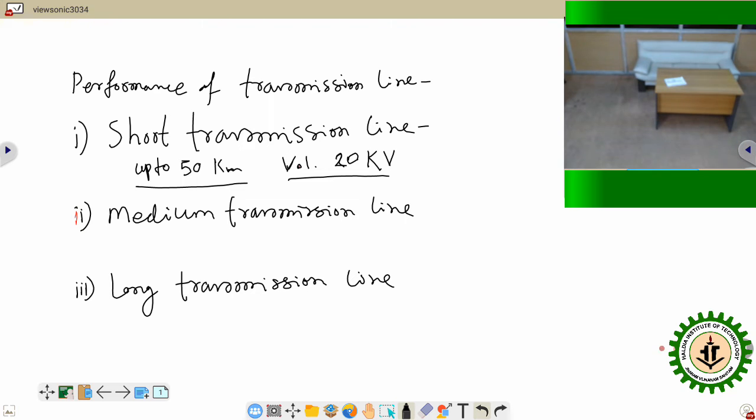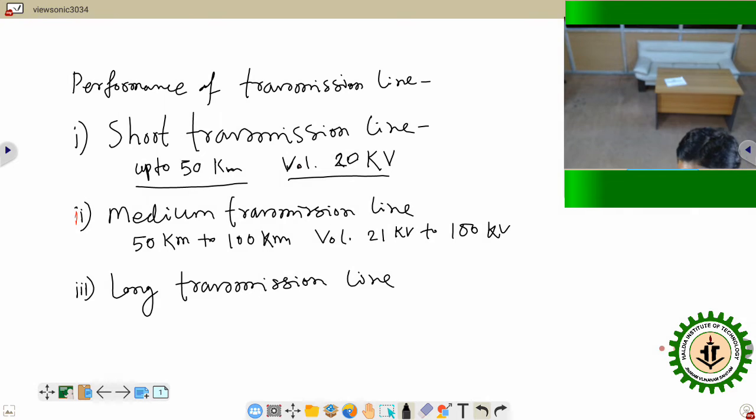In the medium transmission line, the length is between 50 kilometers and 100 kilometers, and the voltage level is from 21 kV up to 100 kV.